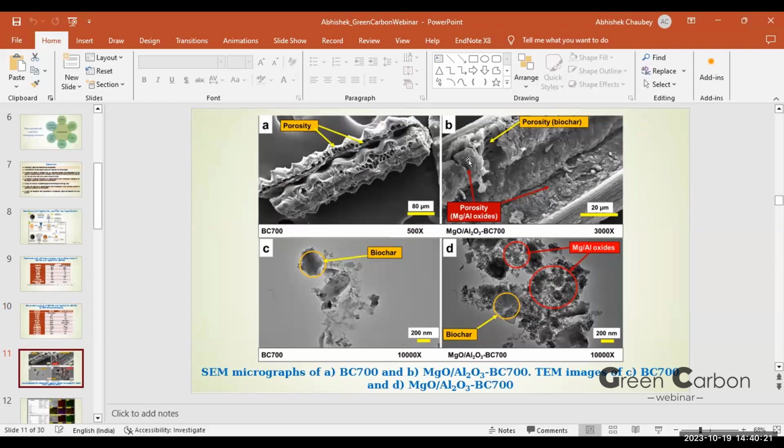The TEM analysis we can see in C and D. C represents the biochar and D represents the magnesium aluminum modified biochar. In C, you can see the thin sheets of graphitic carbon of biochar, and when we impregnated it, we got a mixture of aluminum magnesium oxide with the biochar.